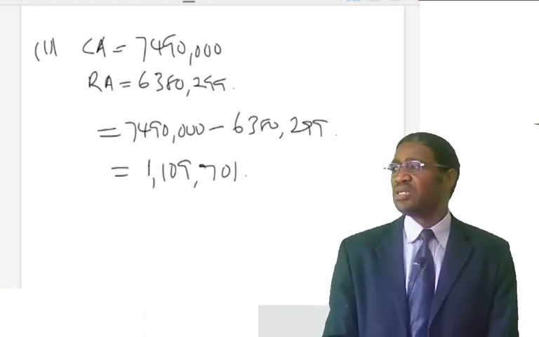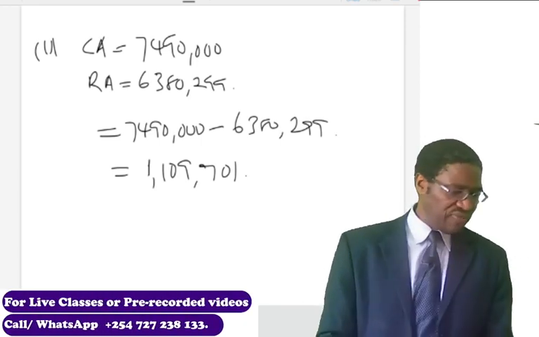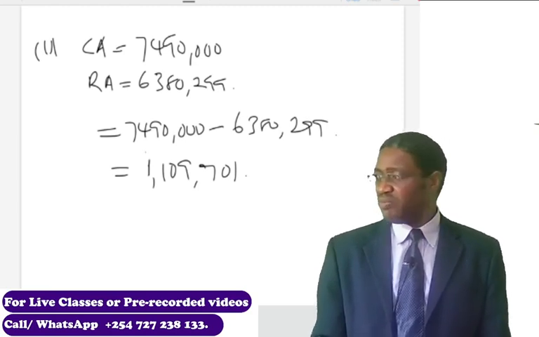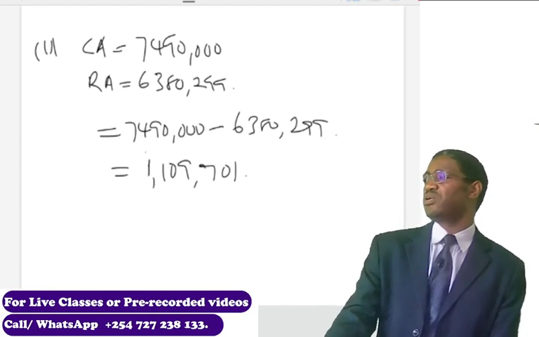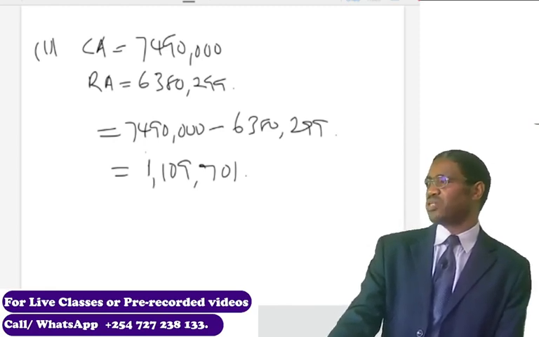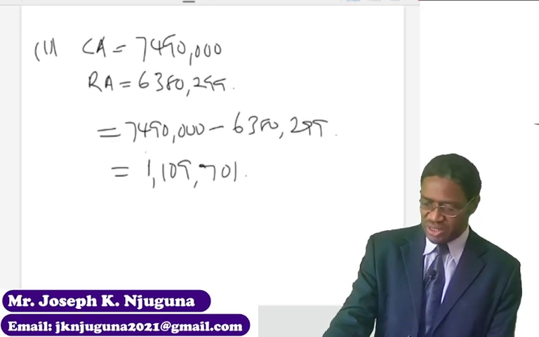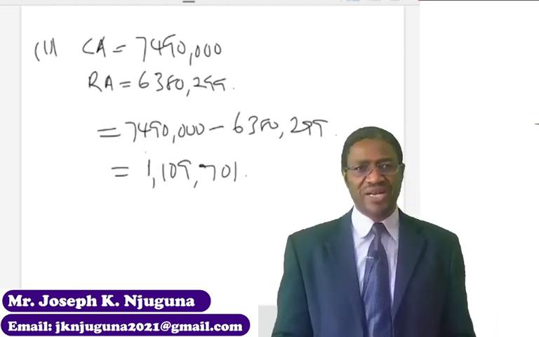Then we see it has suffered an impairment loss, and now that it has, you compute it. We took 7,490,000 and subtracted 6,380,299. So that is it. We are through with that question.